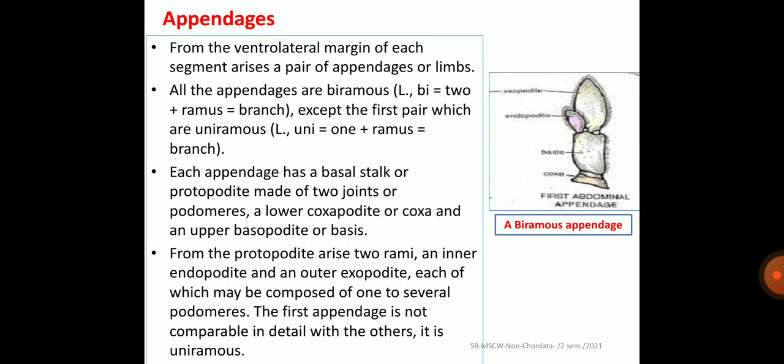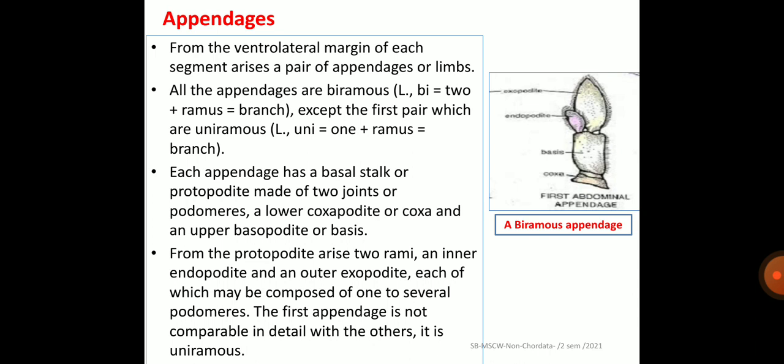Then from the protopodite arise two rami. Rami means again branches, an inner endopodite and an outer exopodite, each of which may be composed of one to several podomeres. The first appendage is not comparable in detail with the others because it is uniramous.